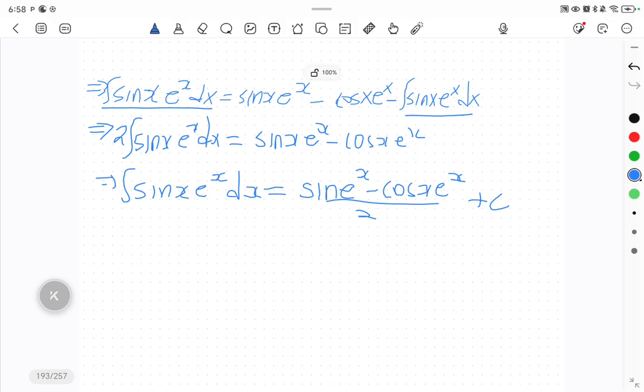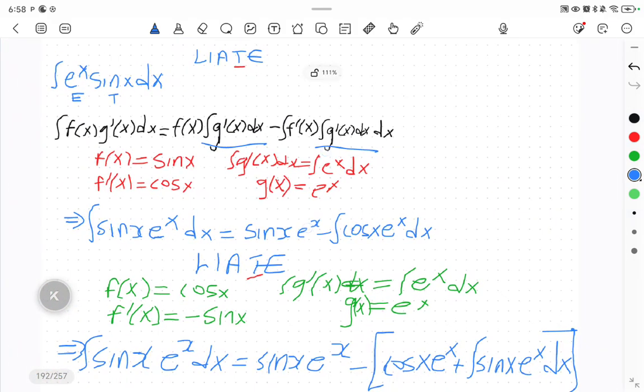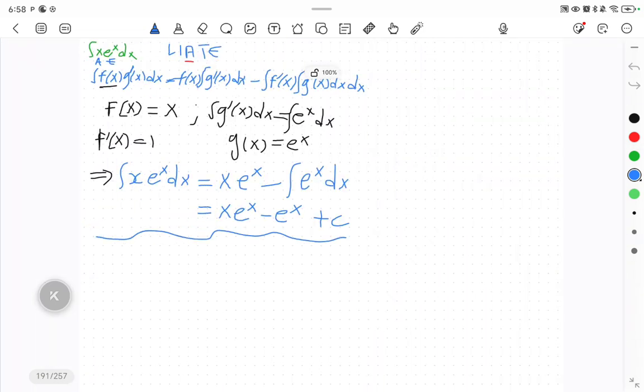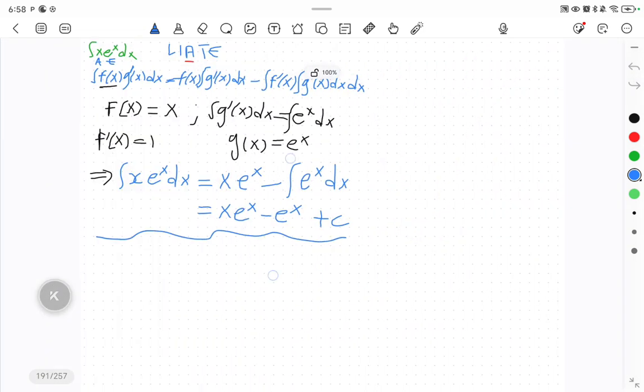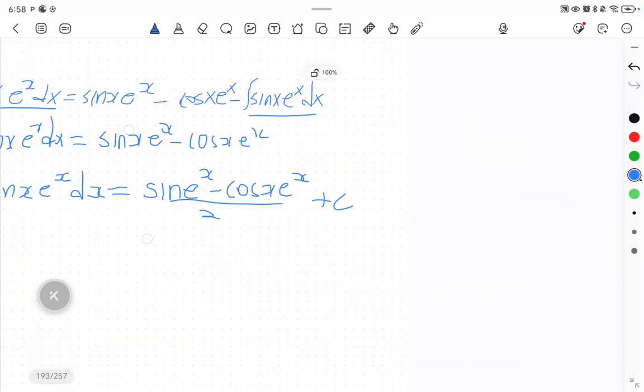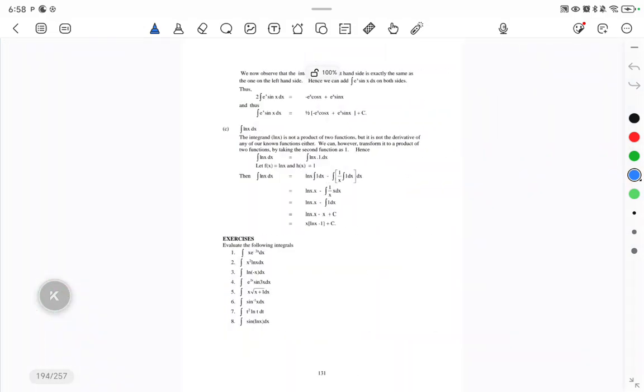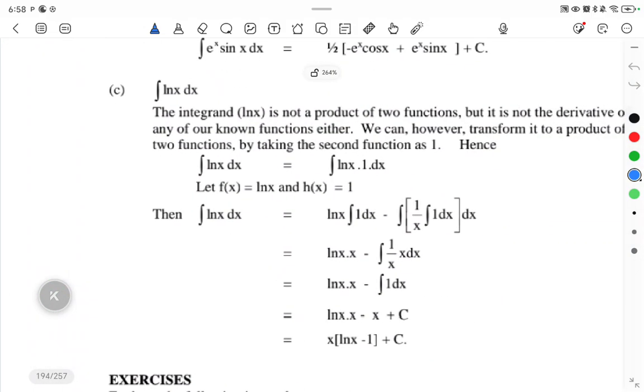So the best way to know this is if you do more practice, right? By parts. So let me see. We only have one function, but if we use LIATE, here we have two functions, right?